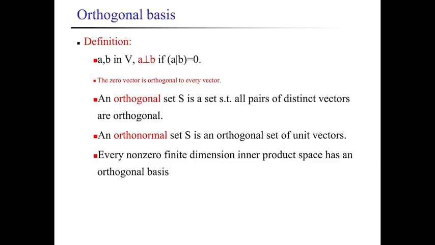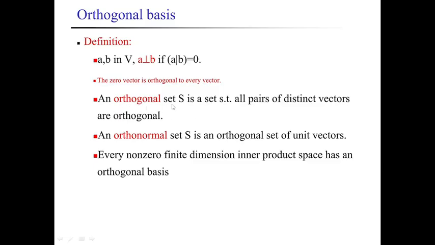Next we see the definition of orthogonal basis. For any vectors a, b in B, a is orthogonal to b means the inner product of a, b equals 0. Orthogonal vectors means inner product a, b equal to 0. The zero vector is orthogonal to every vector, which we also know.